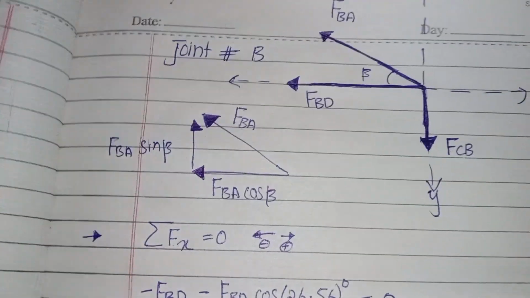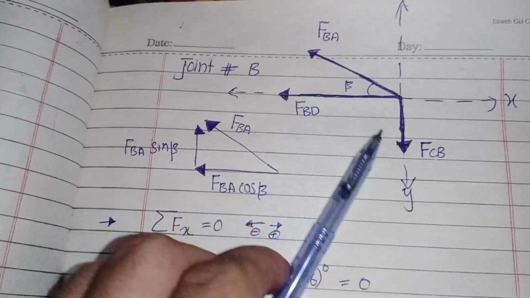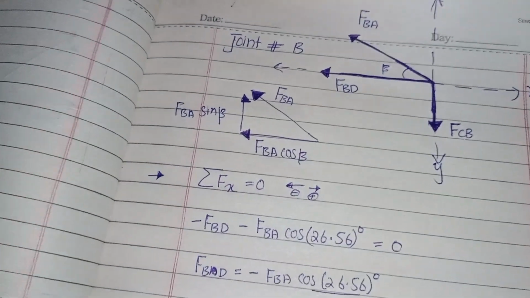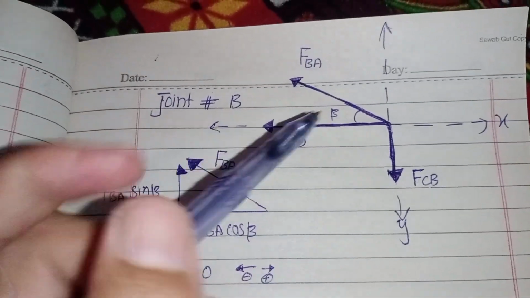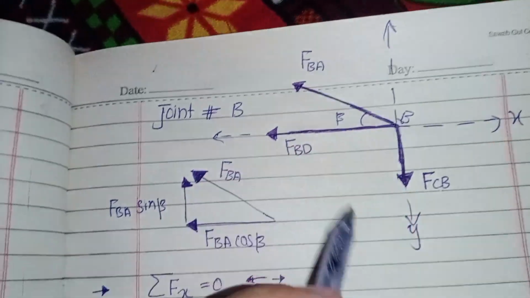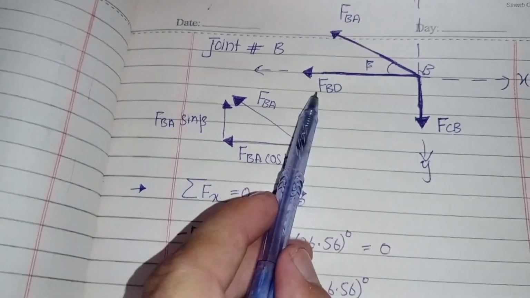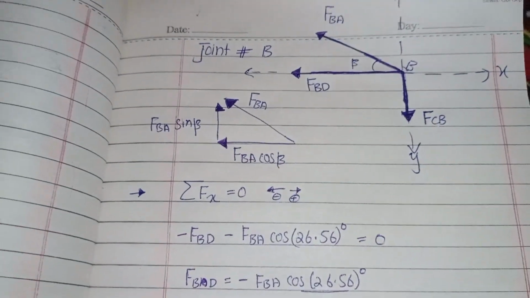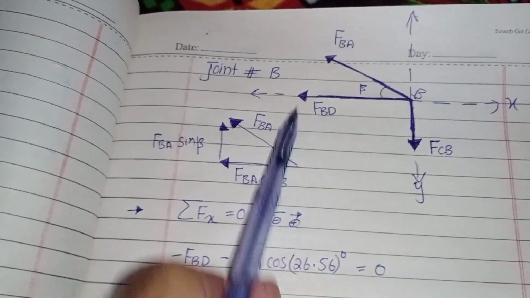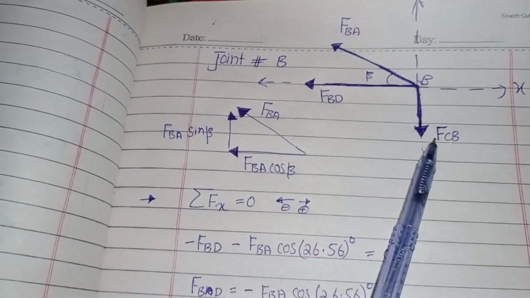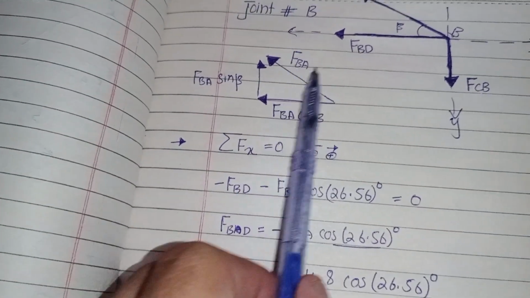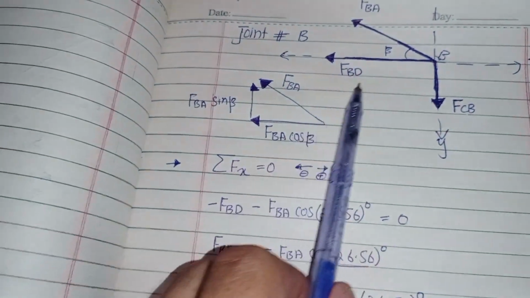Now I will take joint B to calculate the required forces in the members of the truss. So this is joint B and this is force BA, this is force BD. You can also check it in the diagram. So this is FCB. First of all I will resolve it into its components.